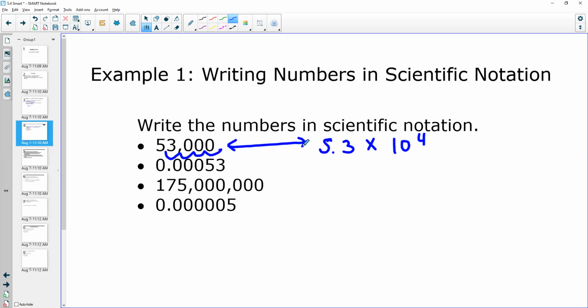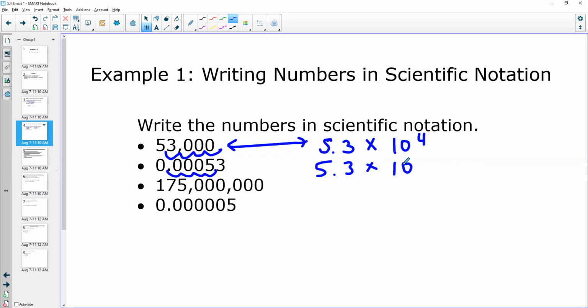In the other direction, we want the decimal to go in the same place. I want this to be 5.3 again, but it's a different number. It's very, very small. So I'm going to multiply 5.3 times something very, very small to change it into, let's see, tenths, hundredths, thousandths, ten-thousandths, into 53 hundred-thousandths.